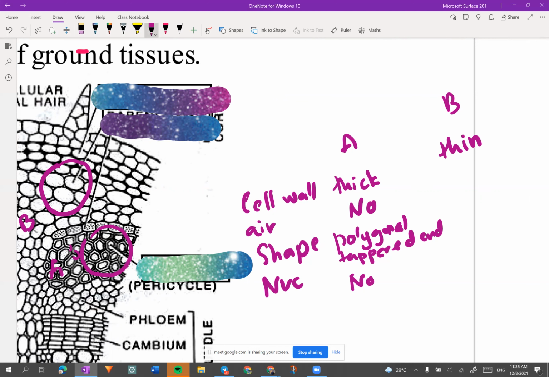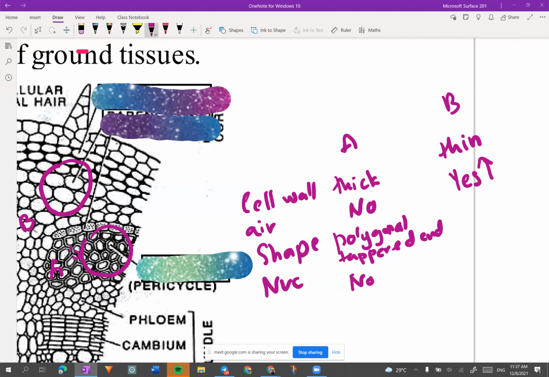Agree? Alright. So then air space there. Do you see any air space between them? Yes. Is it very prominent, or is it like sikit je space dia? Very prominent kan? So banyak space dia.